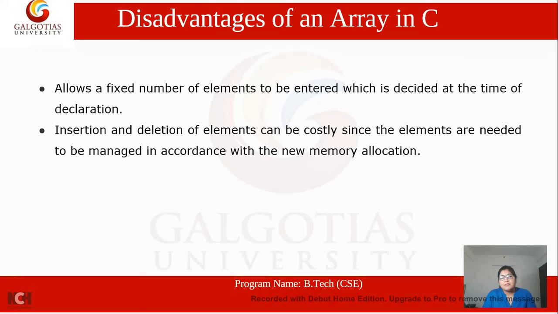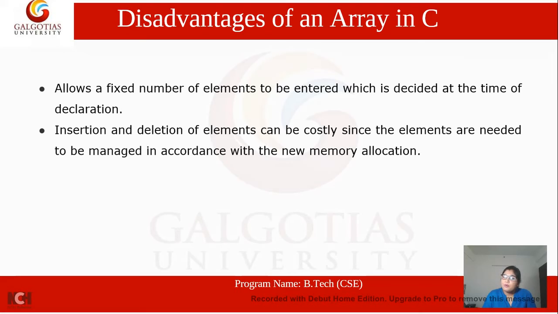The second disadvantage is insertion and deletion of elements can be costly, since the elements need to be managed in accordance with the new memory location or allocation. Now, the scenario I am trying to explain here is, consider in your pictorial memory that we have 4 elements in my array.